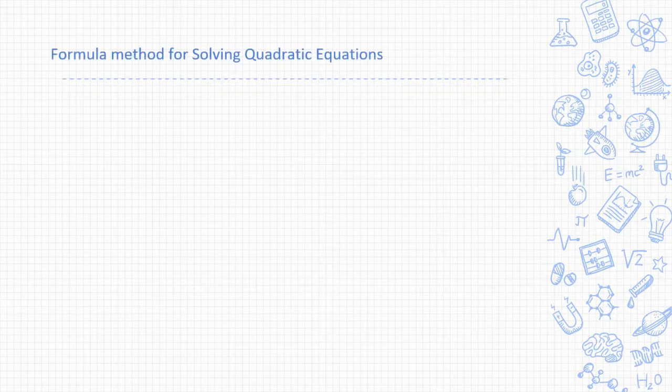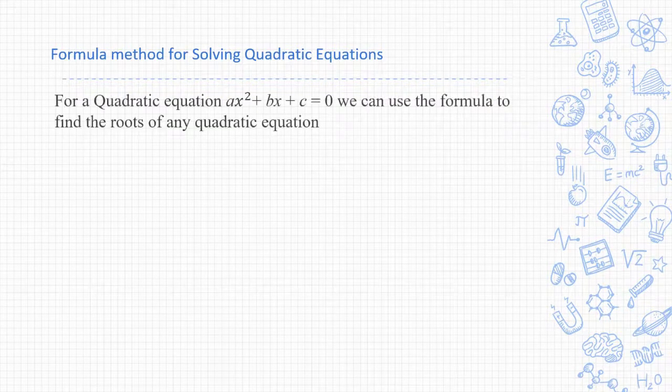Now we'll see another method to find the roots of our quadratic equation, and that method is called the formula method for solving quadratic equations. For a quadratic equation ax squared plus bx plus c equal to 0, we can use this formula to find the roots of any particular quadratic equation.